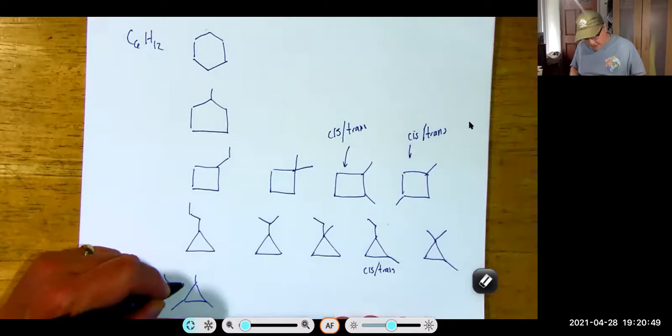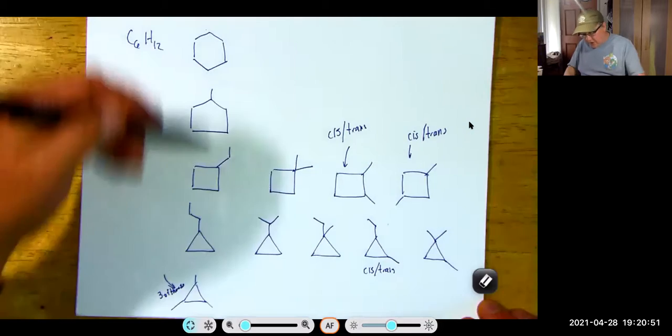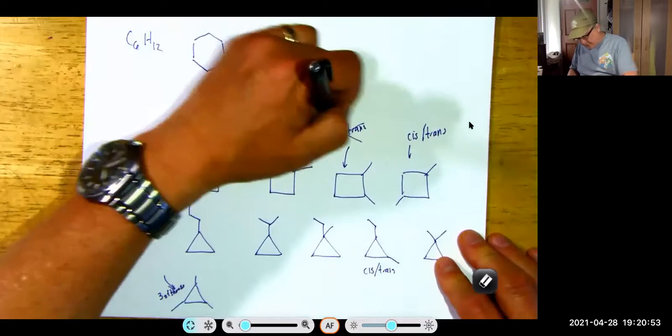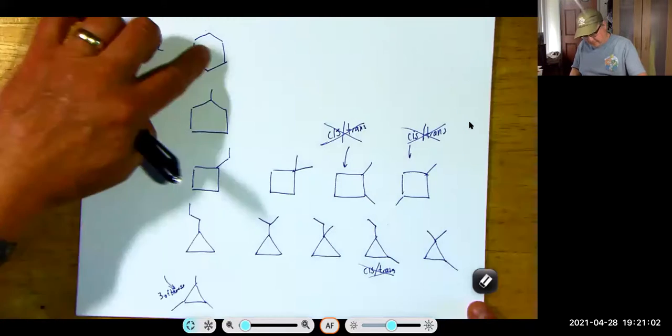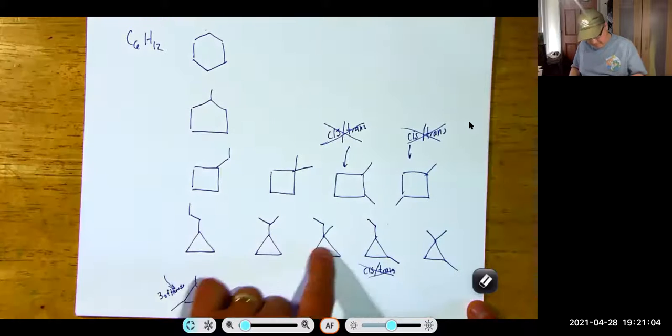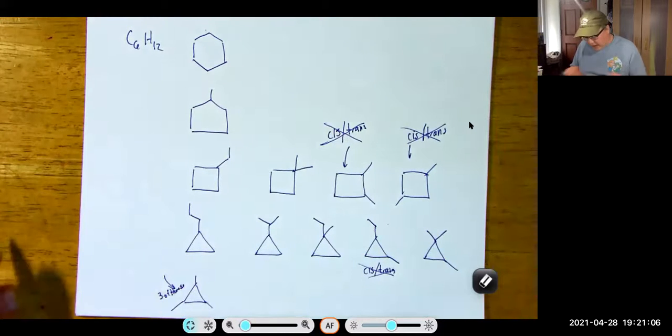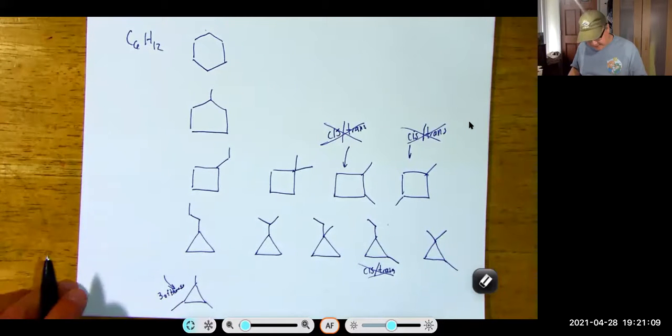Now you're not going to be responsible for that, but just take a look. If you disregard all the cis trans, how many do we have here? 12, without regard for cis trans.